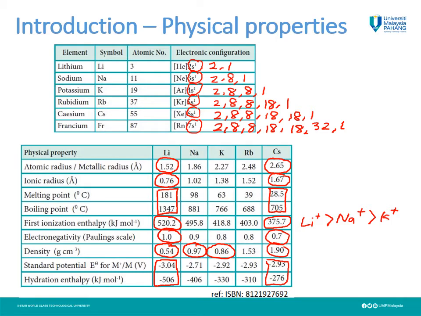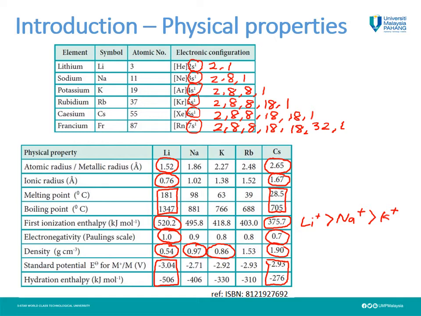Regarding the first ionization enthalpy, or the energy needed to eliminate the first electron, we can observe that the energy also decreases, meaning the energy to eliminate one electron from lithium is higher compared to eliminating one electron from cesium.